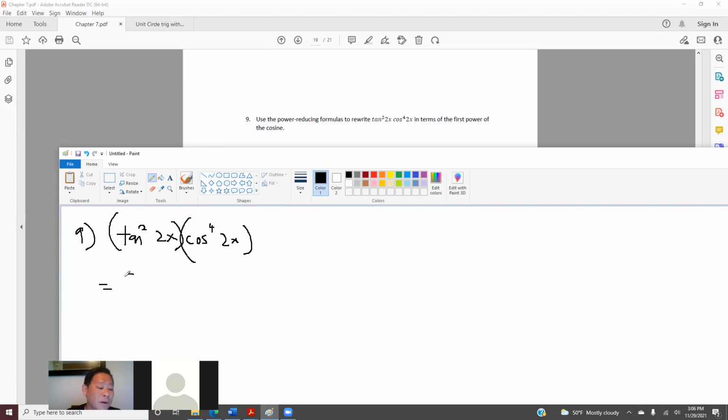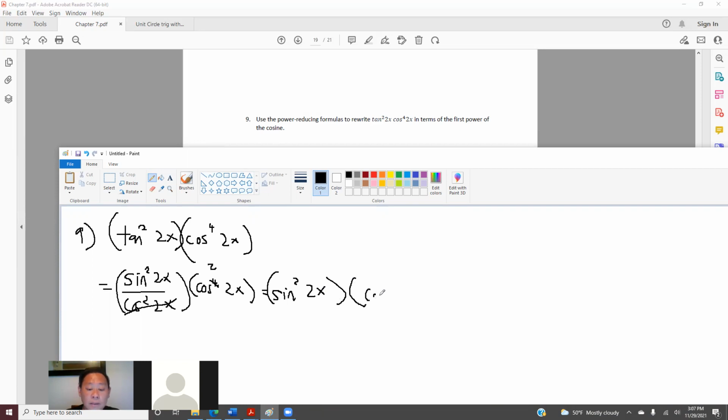Tangent is sine over cosine. So this is actually sine squared 2x over cosine squared 2x, and I multiply this with cosine 4 2x. You notice that when you simplify, this 2 can be simplified to become squared. So tangent squared 2x cosine 4 2x can be simplified to become sine squared 2x times cosine squared 2x.